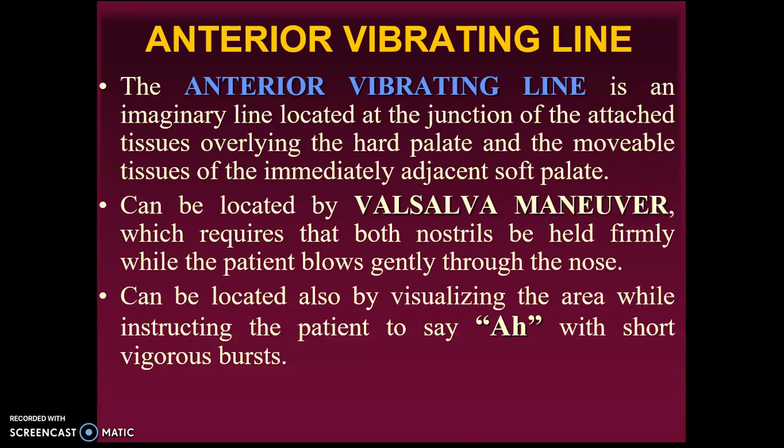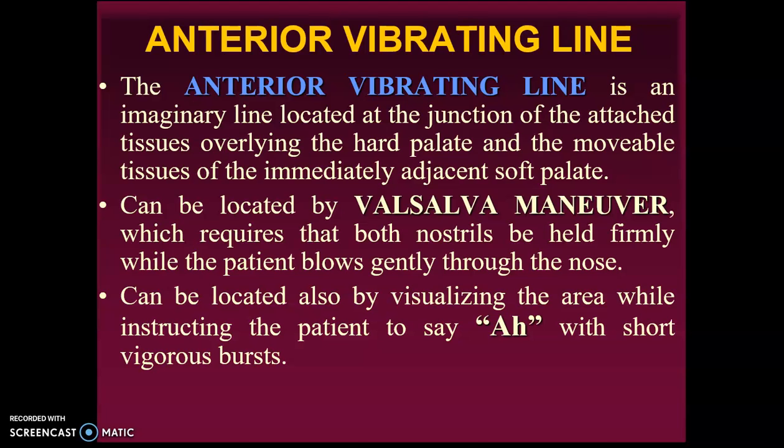How can we record this AVL? Normally we can use the modified Valsalva maneuver technique. Before that, you should keep green stick compound on the PPS area of the special tray. Then insert it in the patient's mouth and apply ideal pressure.